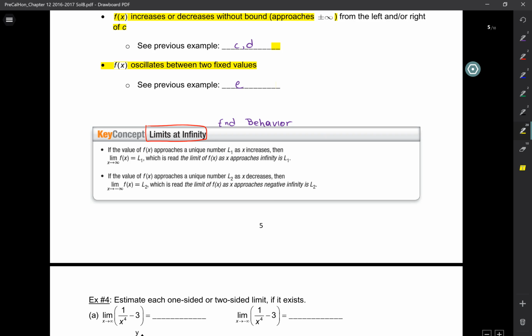So, the way we do it is, we look at the function, and we look at the limit as x approaches infinity, and it's some value. And then, as a separate entity from that, we look at the limit as x approaches negative infinity.